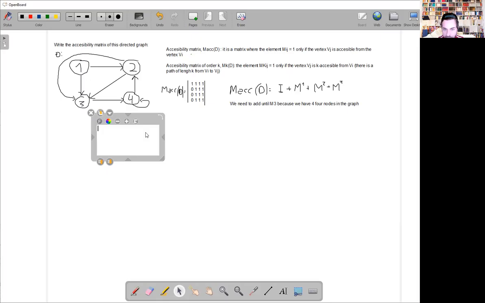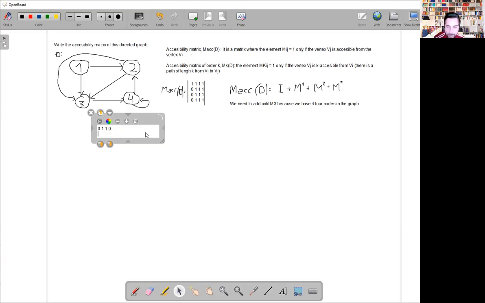From one node to the other. If I start in 1, I don't have a path from 1 to 1. I do have a path from 1 to 2, right, of length 1. I have a path from 1 to 3 of length 1, and I don't have a path from 1 to 4 of length 1.